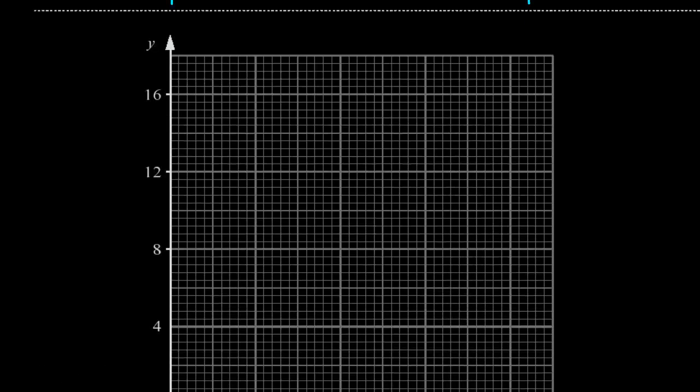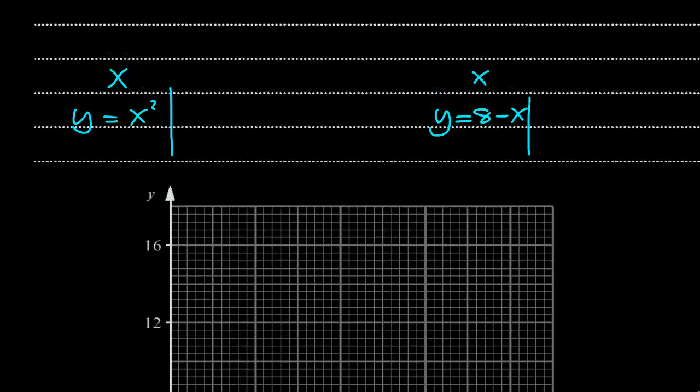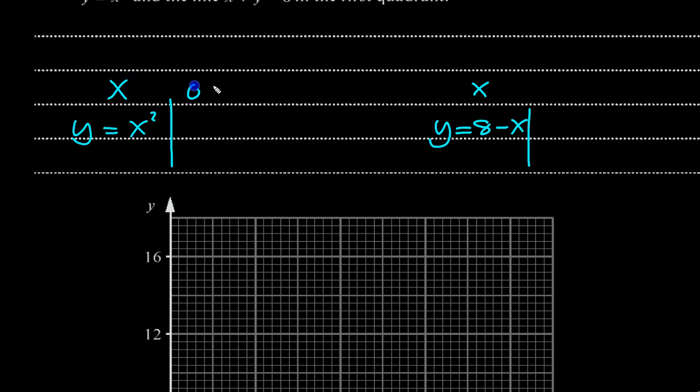So 0, 1, 2, 3, 4 for the curve. y equals x squared then: 0 squared is 0, 1 squared is 1, 2 squared is 4, 3 squared is 9, 4 squared is 16.